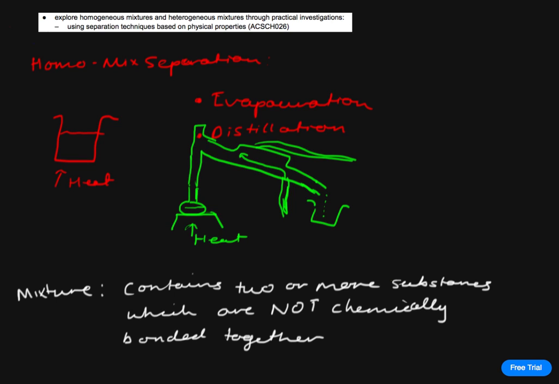I might recap this distillation process, or link a really nice video that explains it in some crystal clear detail. So this is for some separation techniques for homogeneous mixtures.